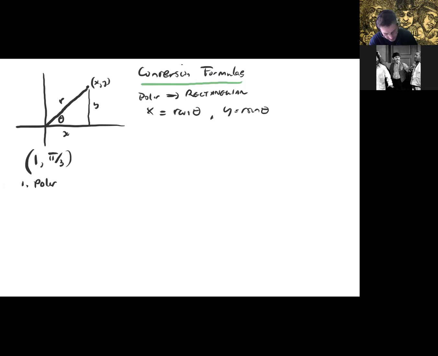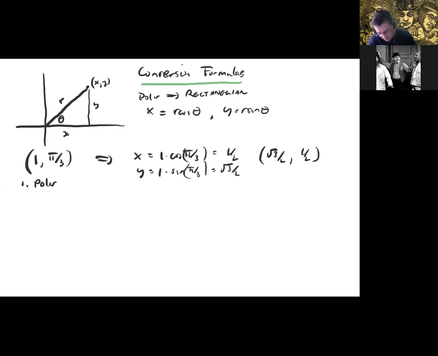I want to convert that to rectangular. So that would say that x is 1 times cosine of pi over 3. So that's a half. And y would be 1 times sine of pi over 3, which is going to be square root of 3 over 2. So the point would be (square root of 3 over 2, 1/2) in rectangular.